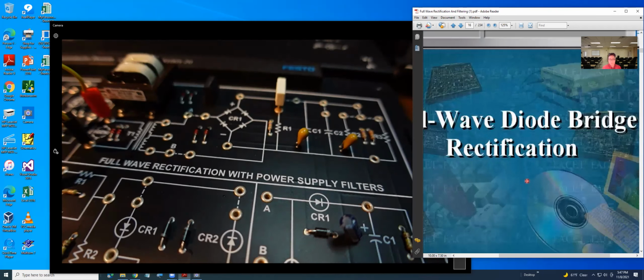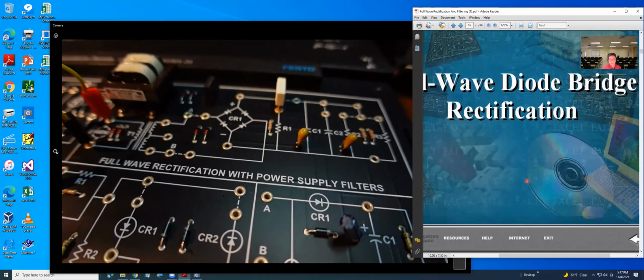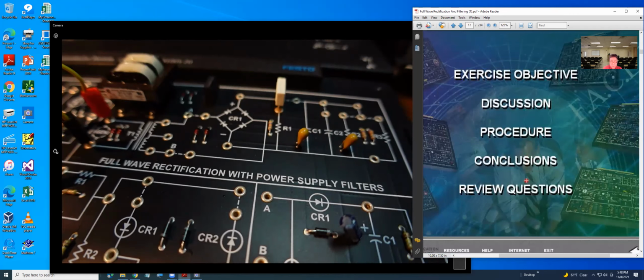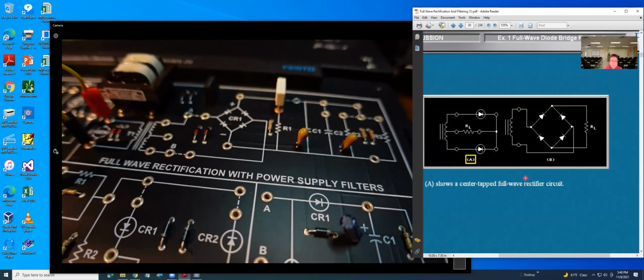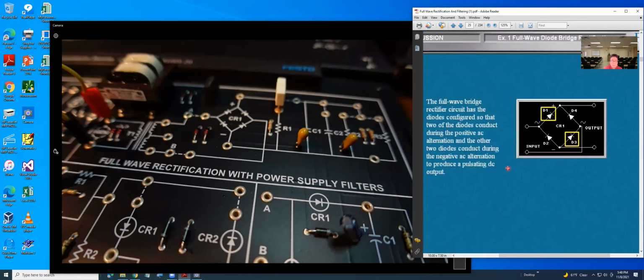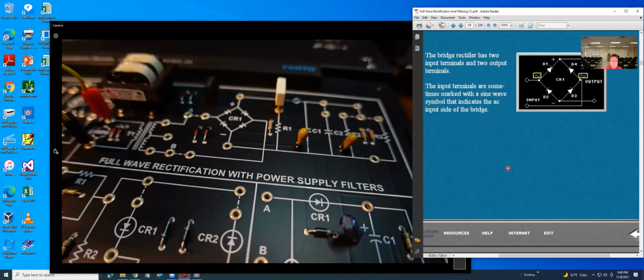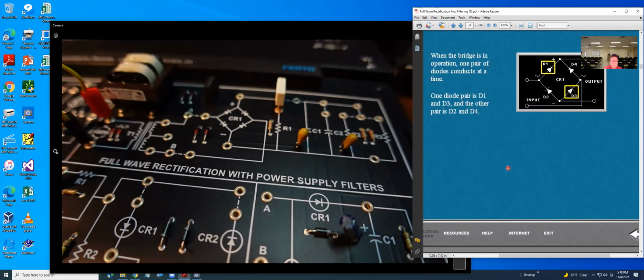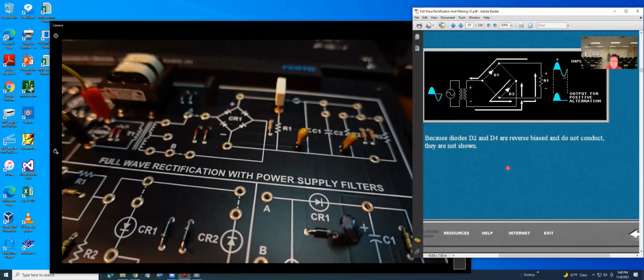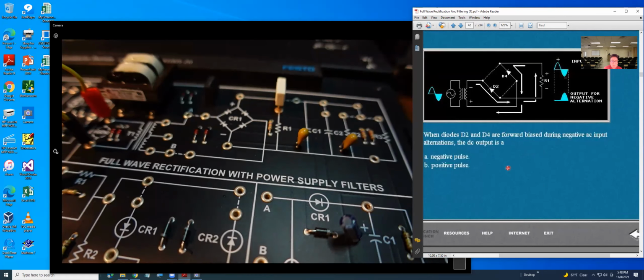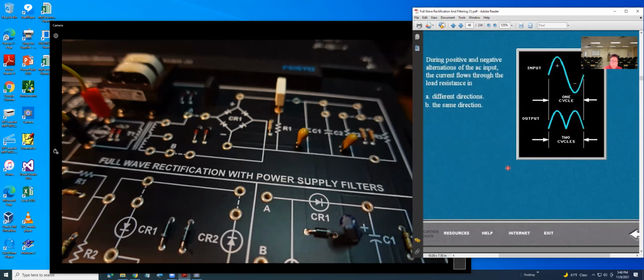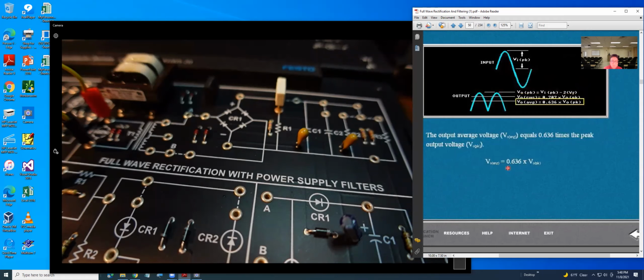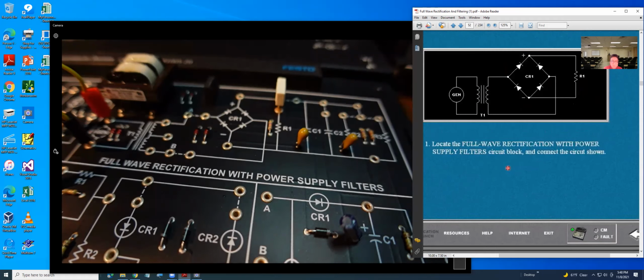Now, step 14. Locate full-wave rectification with a power supply.